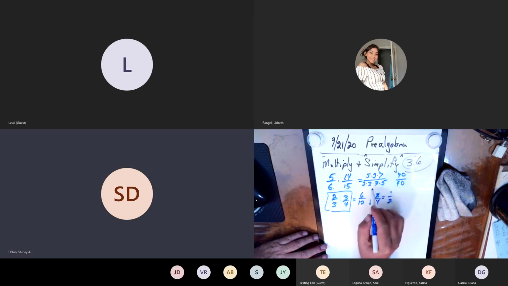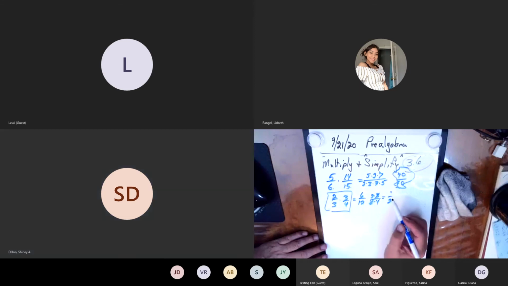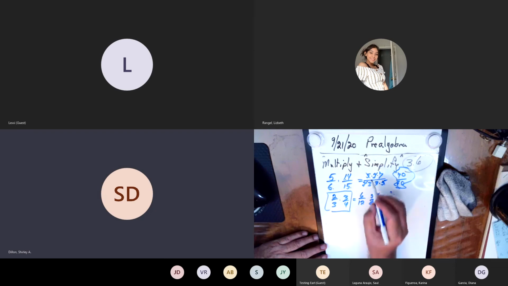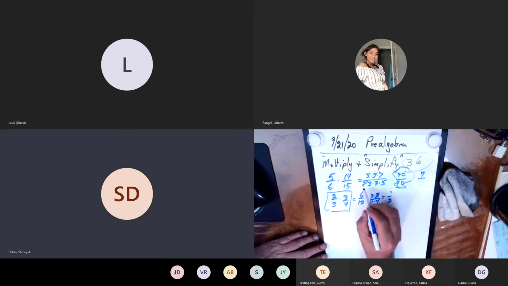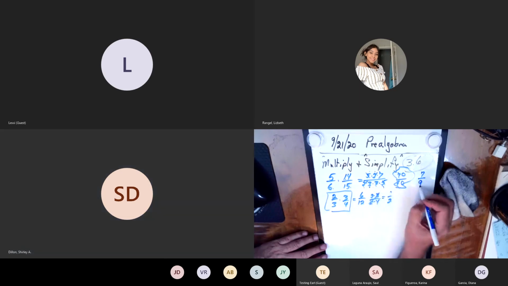Now, when it's in factored form, it's very easy to reduce. You don't have to play with this at all. You can just say, these 5s reduce out, these 2s reduce out, and so I have 1 times 7 is 7, and 1 times 3 times 3 times 1, 3 times 3 is 9, so 7/9.